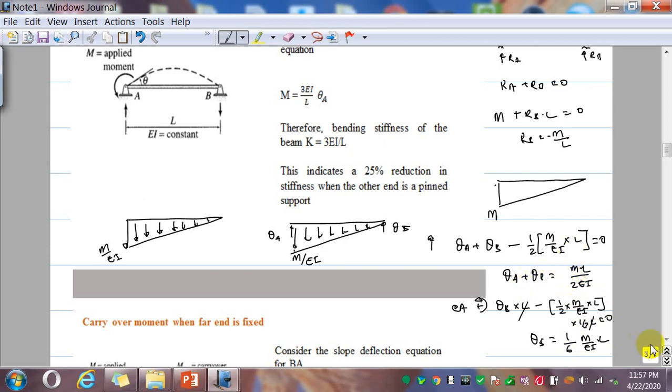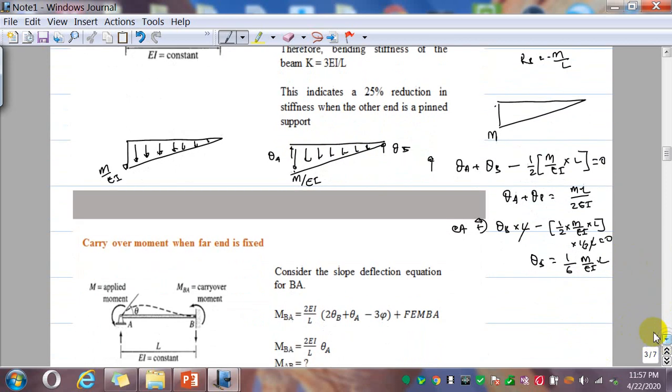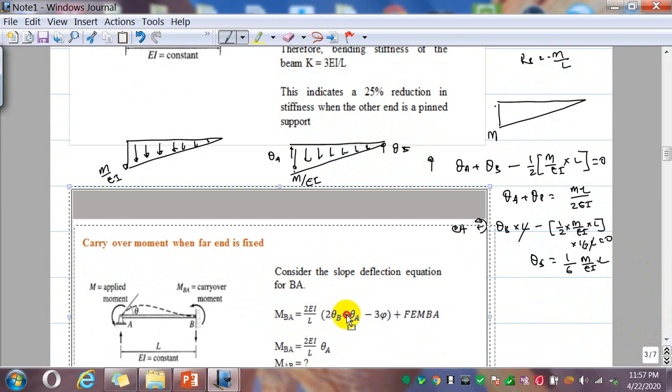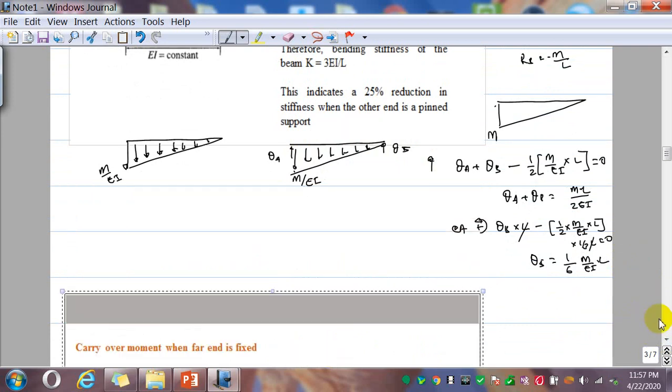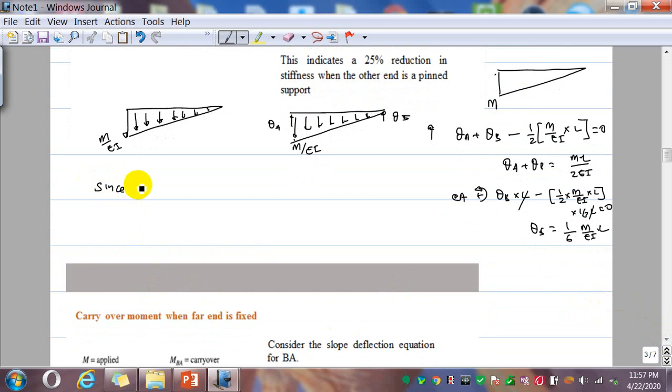Since theta A plus theta B is equal to M into L over 2 EI, that comes from equation 1, and this is equation 2.